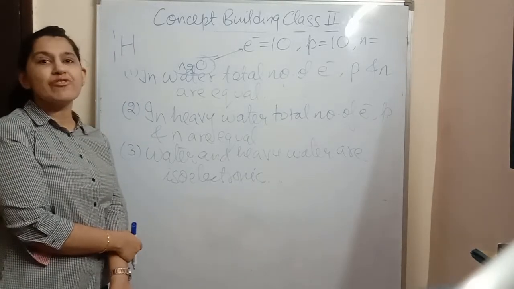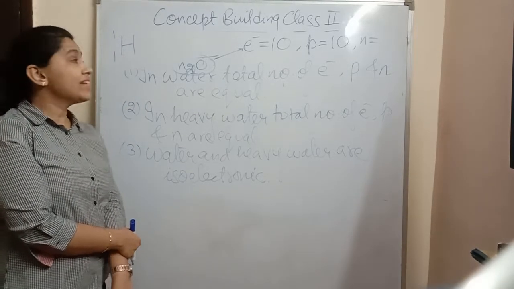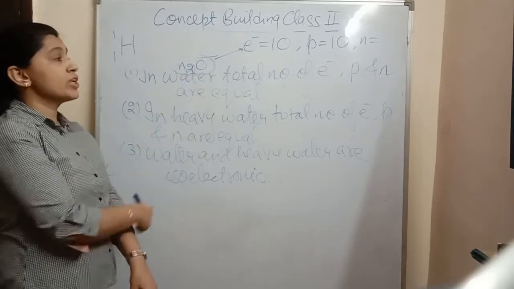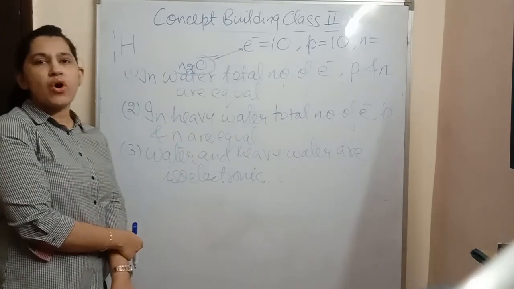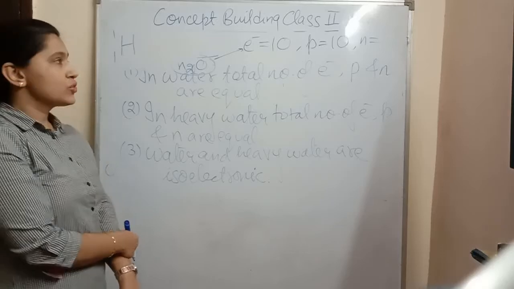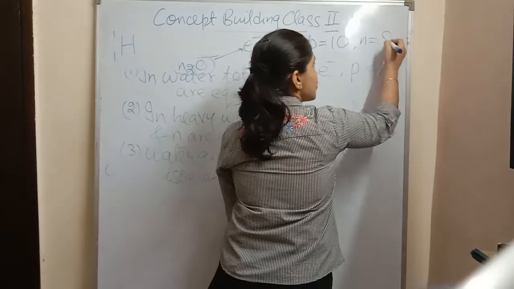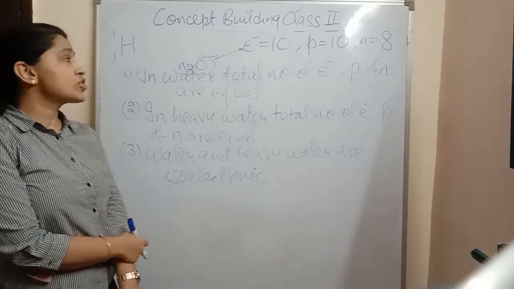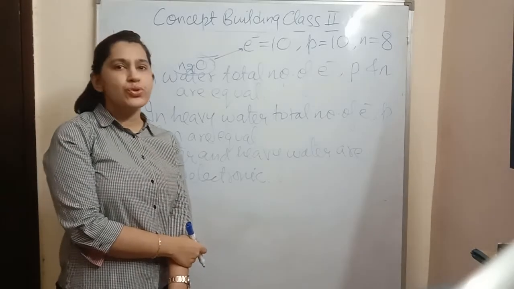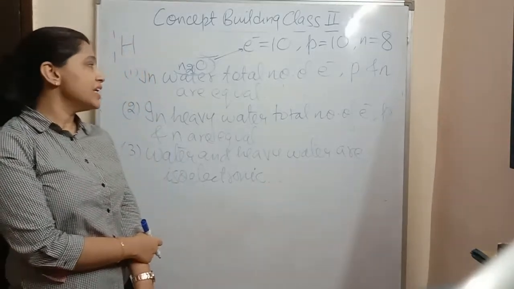When we find the total neutrons in water, hydrogen has 0 neutrons, oxygen has 8. So the total is 8. That means in water the total number of electrons, protons and neutrons are equal.